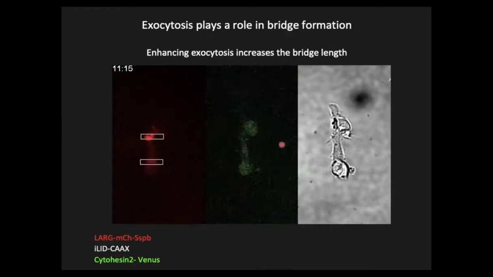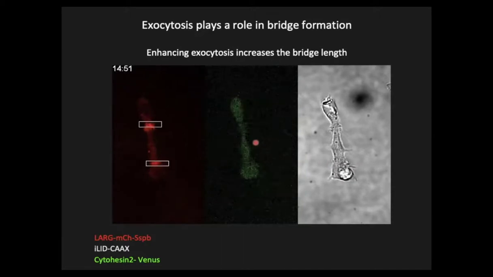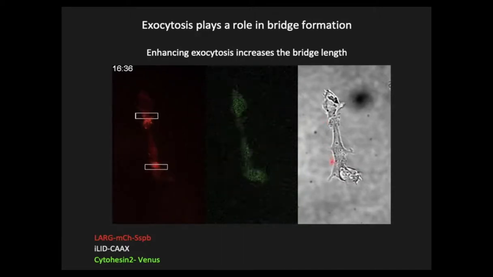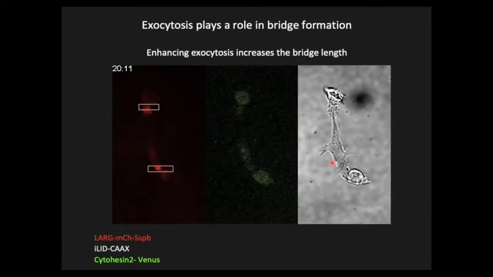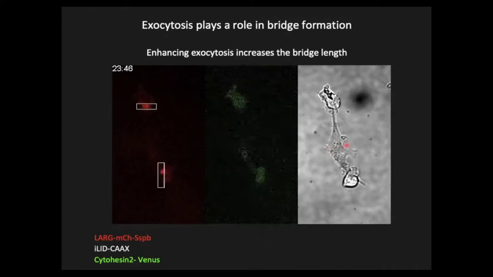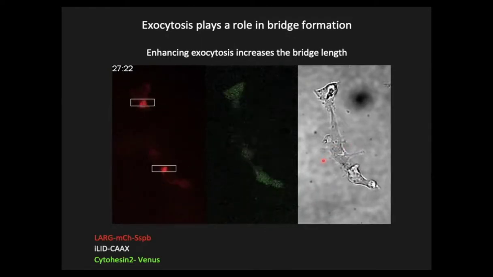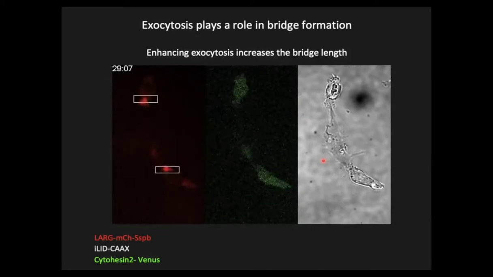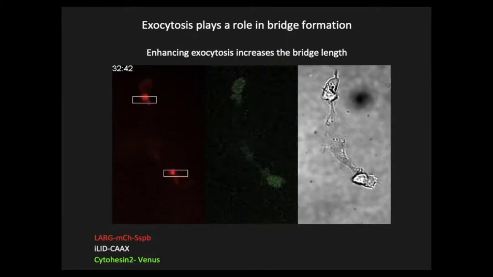We found also that in this condition we can form long bridges. This bridge is a little bit wider compared with the bridge when we enhance endocytosis. Then enhancing exocytosis increases the bridge length, and vesicular trafficking is required for the bridge formation.